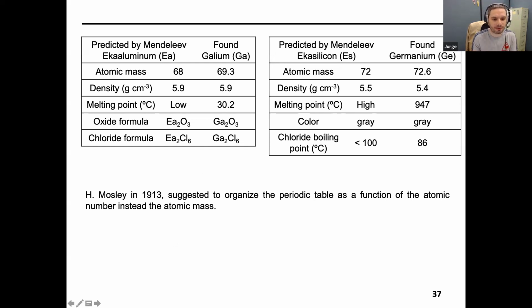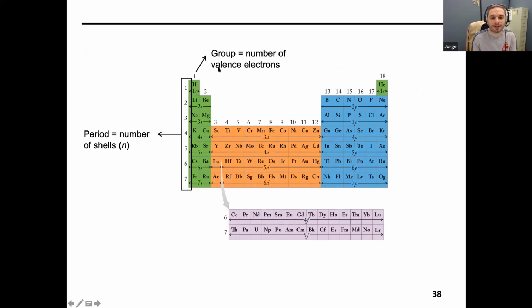All right, very good. So now let's talk about the periodic table that we know and the one that is accepted. So first thing, the organization is a function of the atomic number or number of protons. So we start with hydrogen 1 and go to helium number 2 and so on.